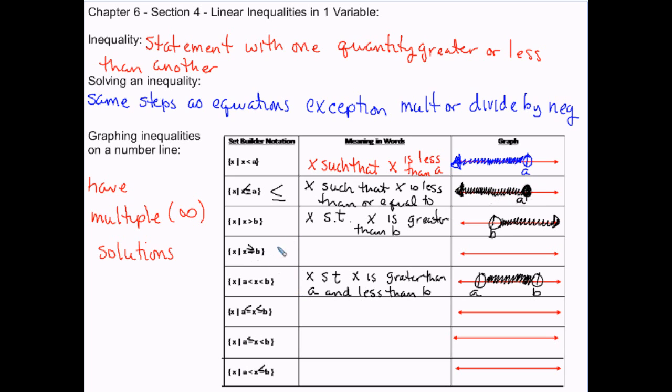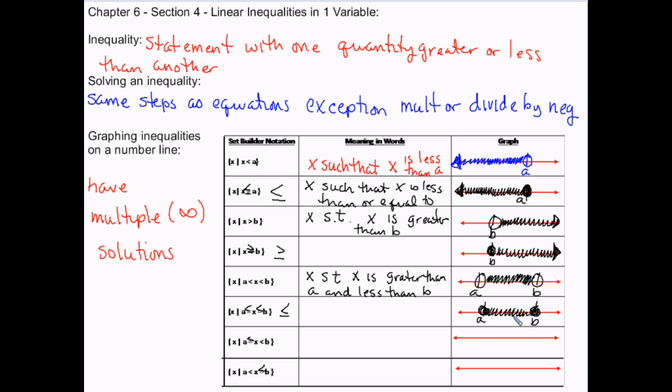And then this is greater than or equal to, so with a b, closed circle, and everything greater. If we have two less thans, you have two open circles. If we have two less than or equal to's, you're going to have two closed circles.